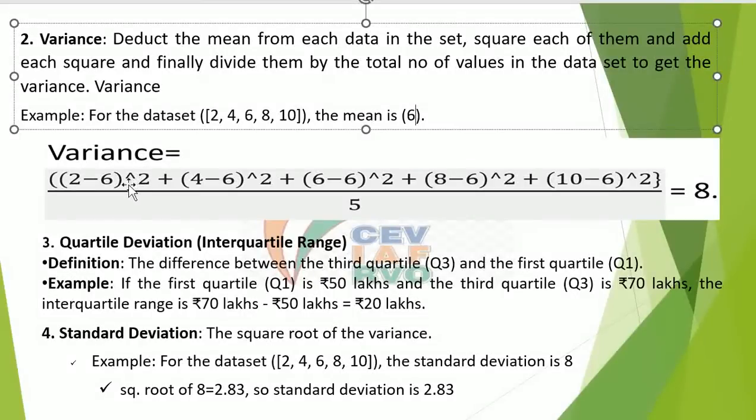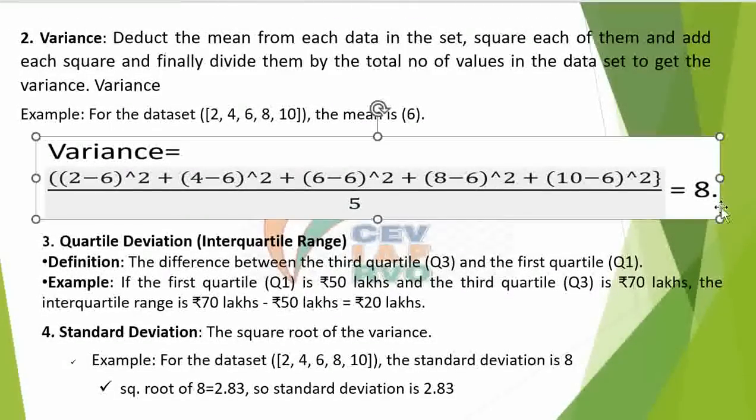Then you have to square each value: 2 minus 6 square, 4 minus 6 square, 6 minus 6 square, 8 minus 6 square, 10 minus 6 square. Then you add all these values. And then you have to divide them by the total number of values. So total number of values are 1, 2, 3, 4, 5. So this 8 will be called the variance of this data set.